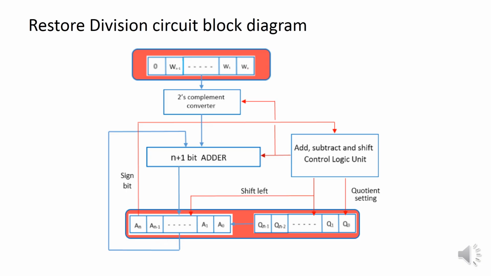This is the A register, also known as the accumulator register. This is the adder, as you see, it includes n+1 bits to account for the sign bit. It is used to add the content of the divisor register and the A register.